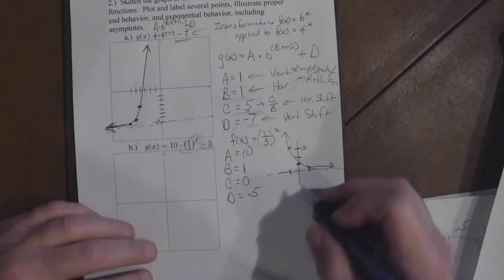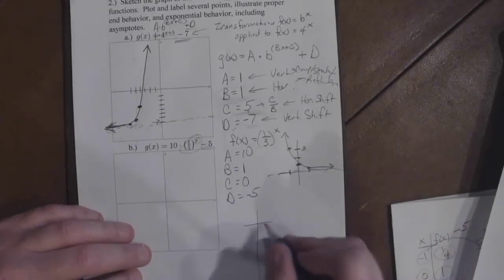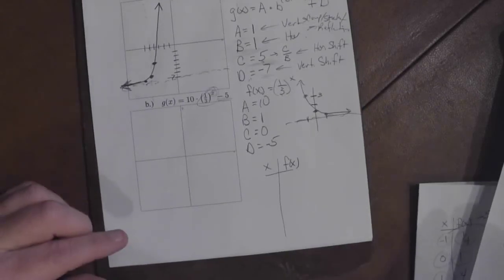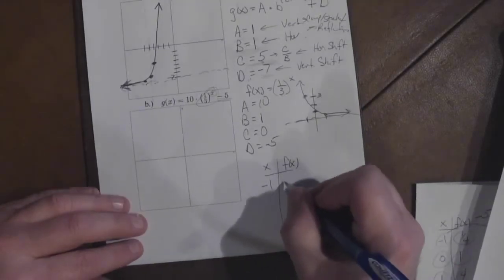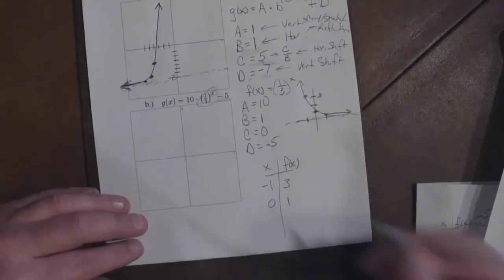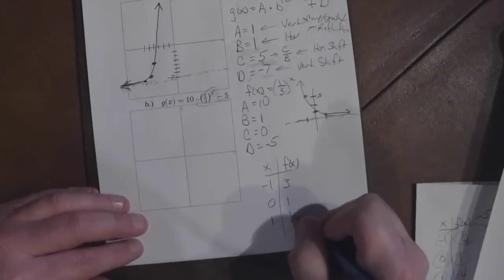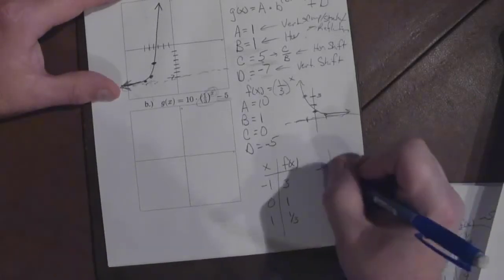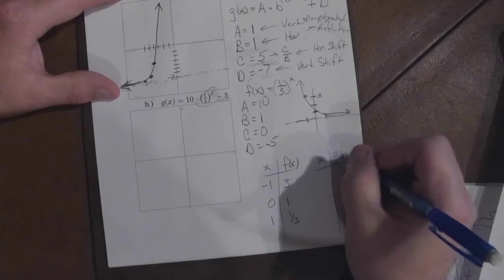X-axis being this horizontal asymptote, and it's going to pass through a couple of quick and easy to find points. Those points being -1, 3, 0, 1, 1, and 1/3 in value, where we're going to translate those over into coordinates that would be on the graph of g of x.